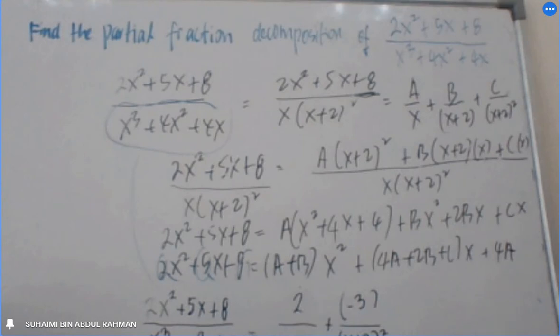In the numerator it makes everything 0 for this part, only for this part.